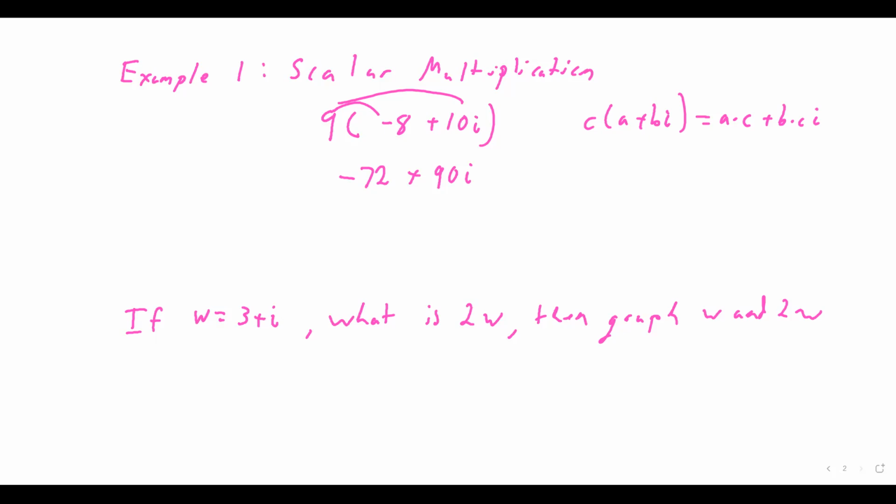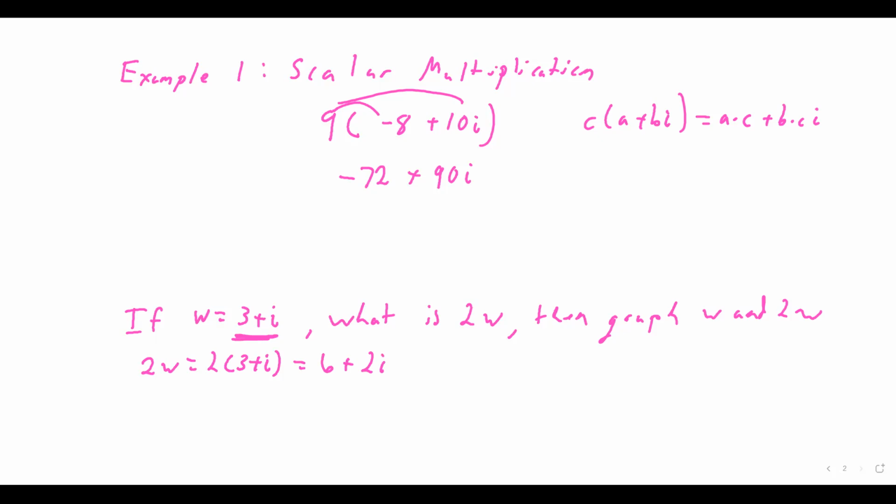Scalar multiplication, in which I distribute the 2, and that's it. So when I ask for 2W, I'll write 2, replace W with what it's actually equal to, and then work it out. 2 times 3 is 6. 2 times i is 2i. Questions on how to do scalar multiple?